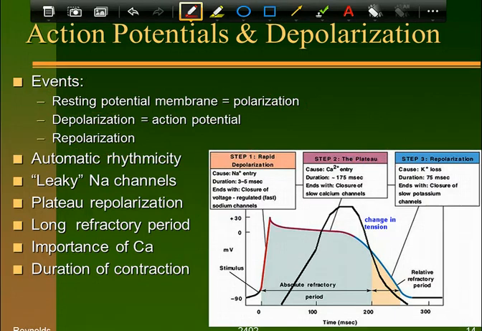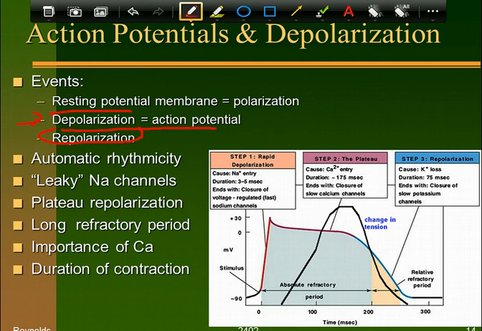Okay, so you got to start there before you can go to depolarization. Depolarization is the action potential. It moves along the membrane as a wave. This is actually going to be what causes the contraction, and then once that contraction is done, we get back to repolarization.